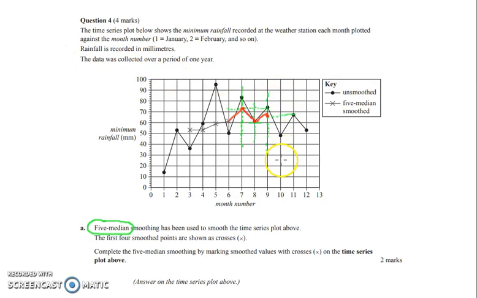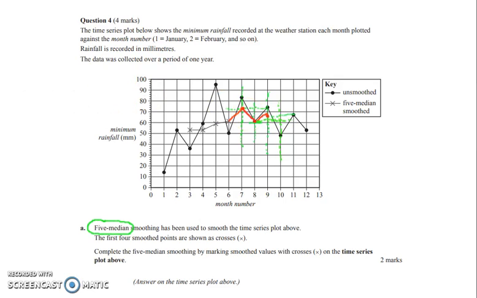So this one here, which is the third in the 5. We're going to use 1, 2, 3, 4, 5. So that's our third value in line. And then we go in size order, 1, 2, 3, so it's going to be in line with this original point there, which is going to be right there.